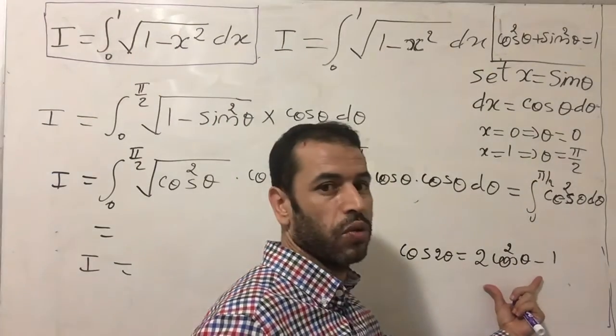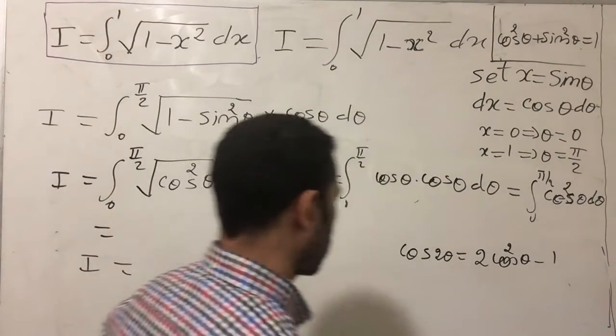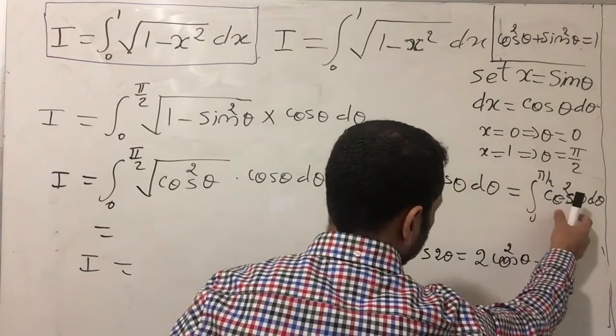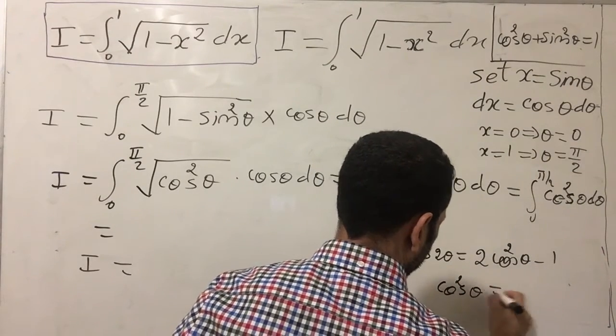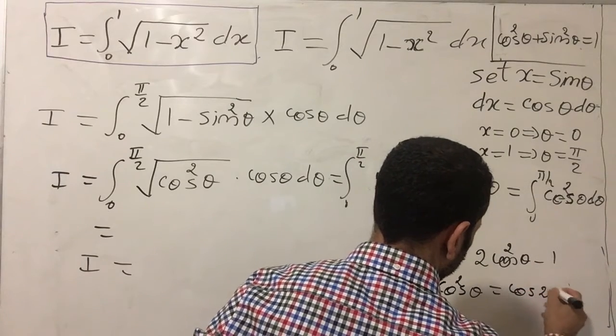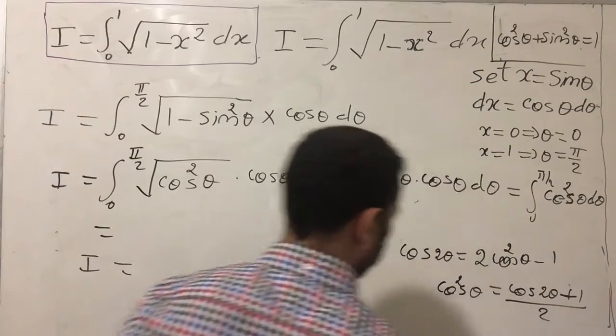At the end, we arrive at this expression. So I'm going to replace cosine squared theta by cosine 2 theta plus 1, over 2.